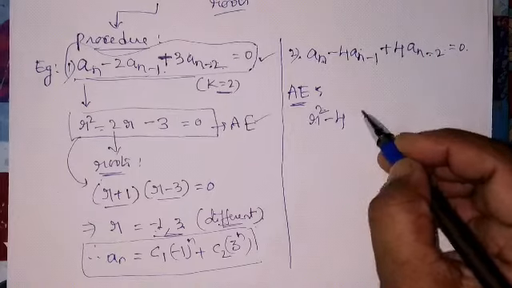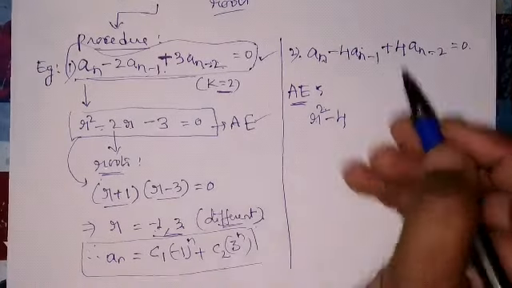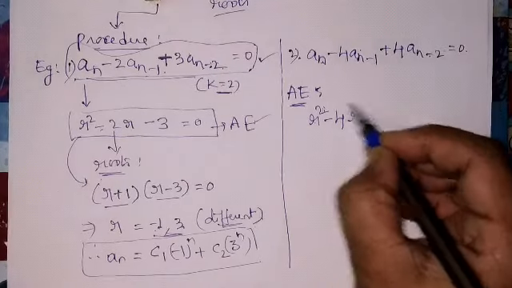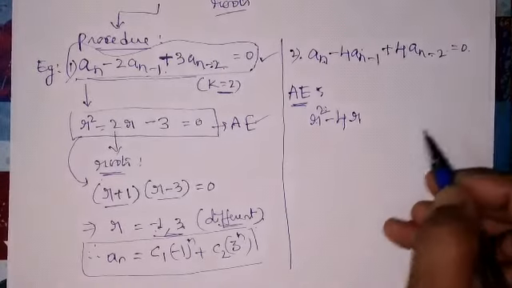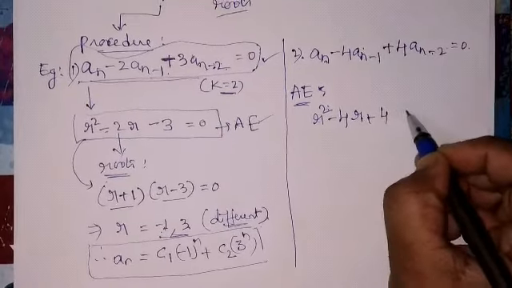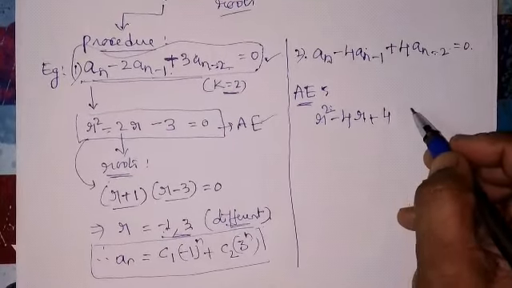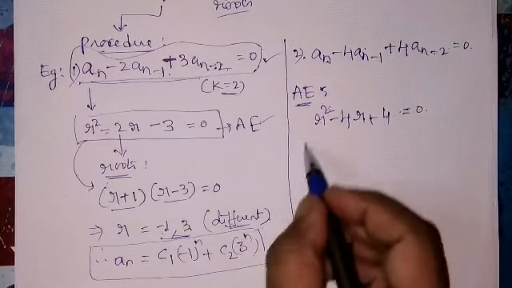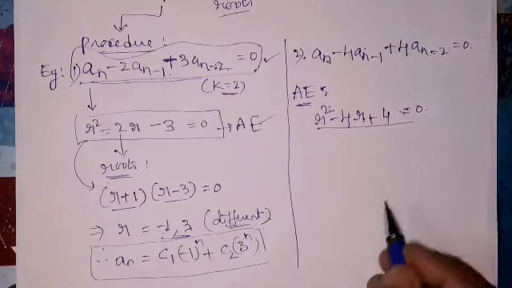We should write the next lower power of r, that is r, and the previous power to that, plus 4, gives r power 0. So we write 4 into 1, 4, and equal to 0. This is the auxiliary equation of the relation.